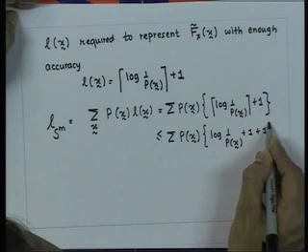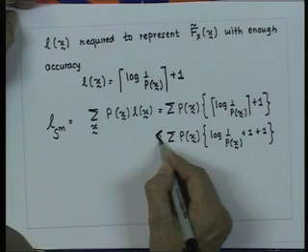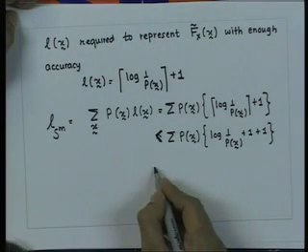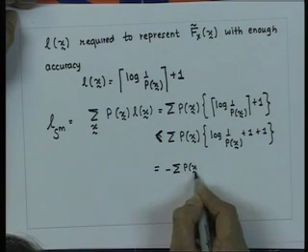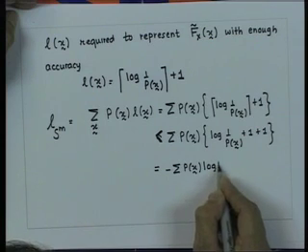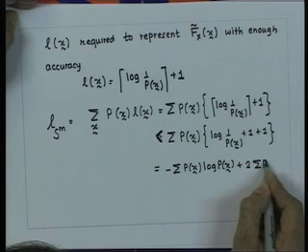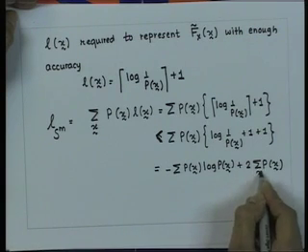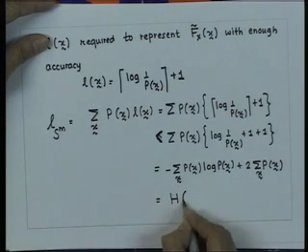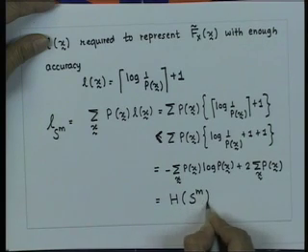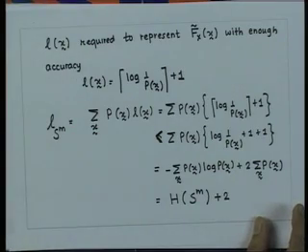In fact, this is strictly less than, and this can be simplified as equal to summation over p x log p x plus 2, summation over p x. These are the summations over all the sequences. So, we get, by definition, the entropy of the mth extension of the source plus 2.